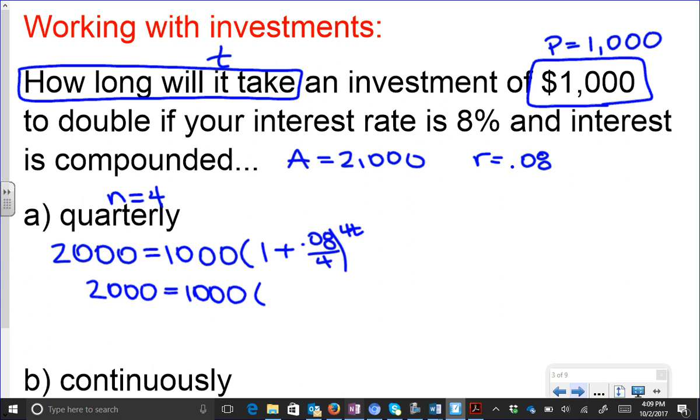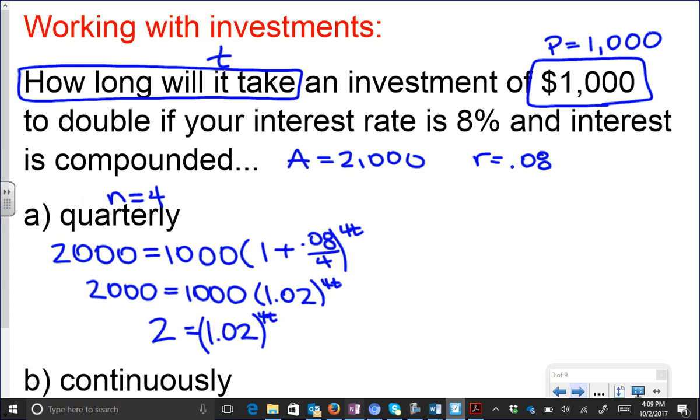We know that 0.08 divided by 4 is 0.02, and if we add 1, we get 1.02. I think we can all do that. To solve for t, we have to get this exponential piece by itself. So we take this 1,000 and divide it over. We would have 2 equals 1.02 raised to the 4t power.